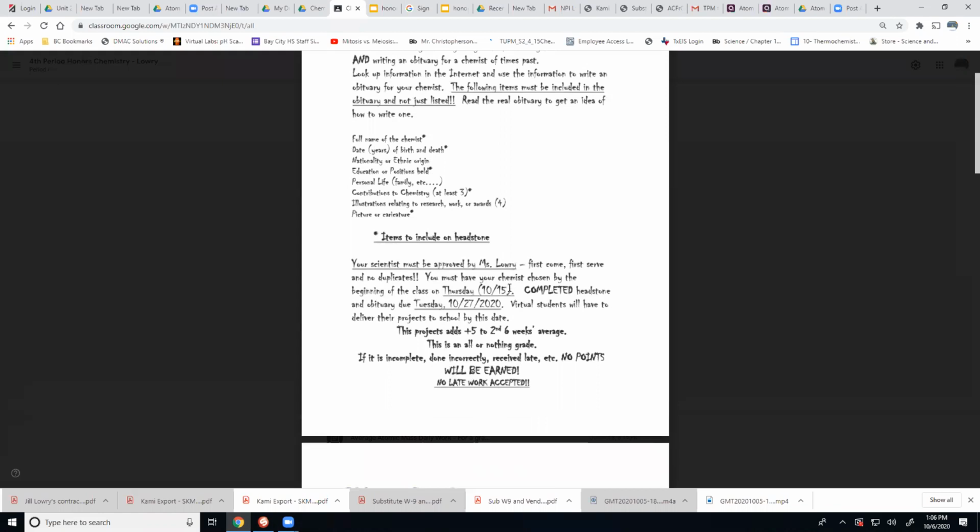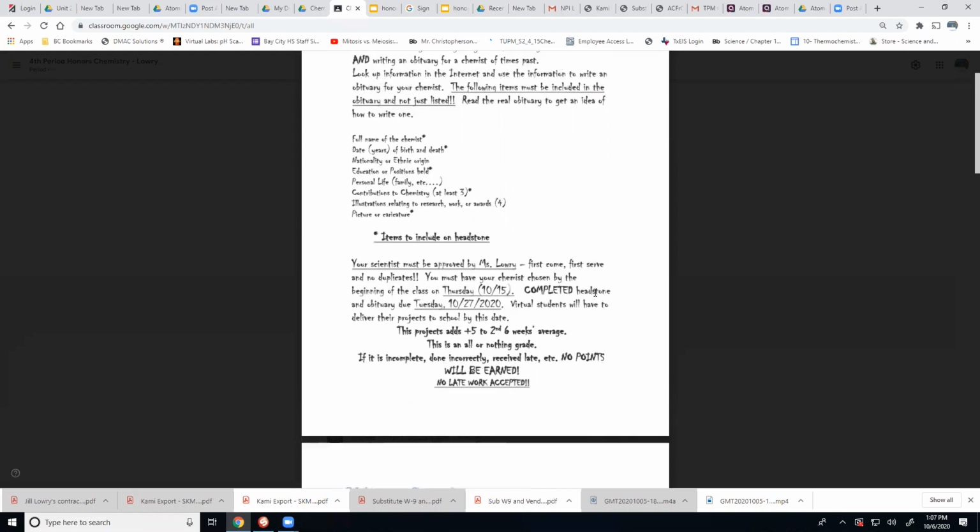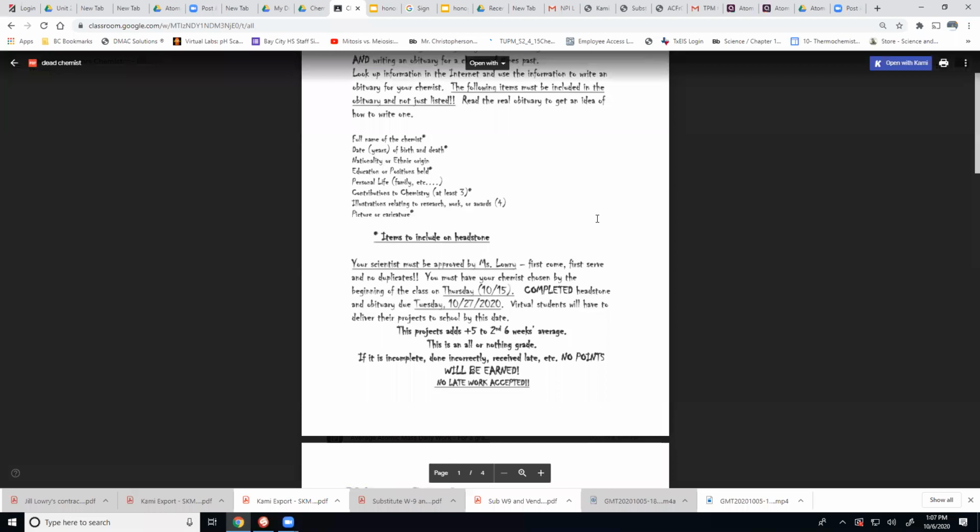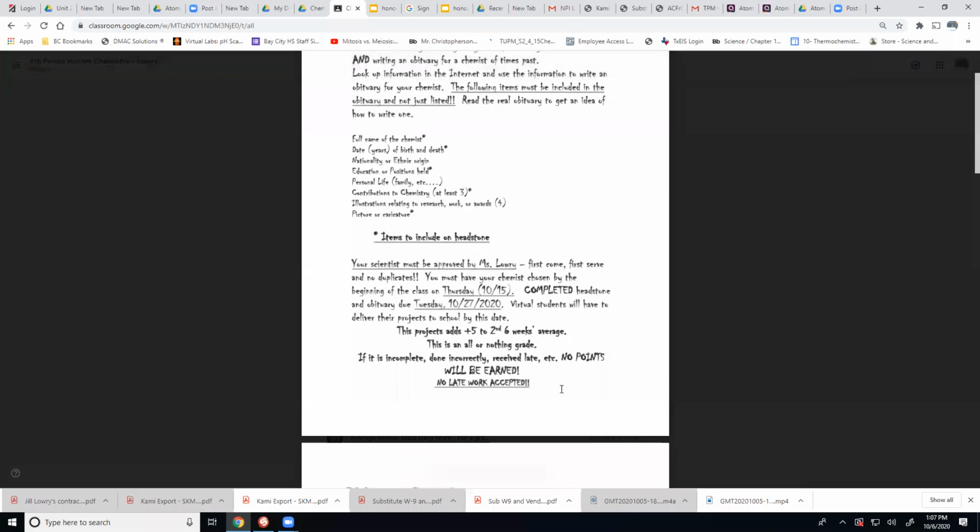You have until the 15th to pick out your scientist, your chemist, and have it approved by me, and then the actual project is due on the 27th. So the project is the obituary and a physical headstone with the required information. And that headstone will have to be delivered up here to the school by the 27th.